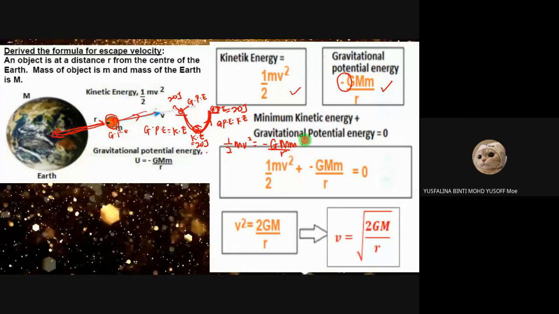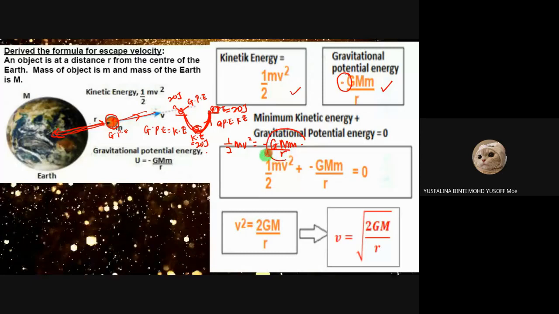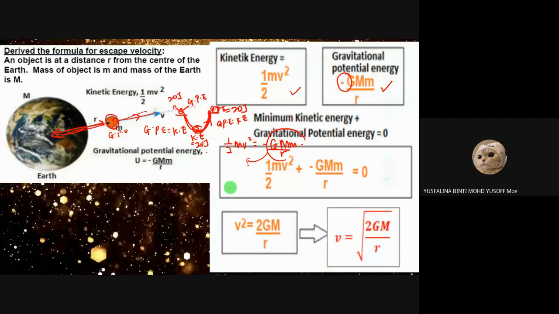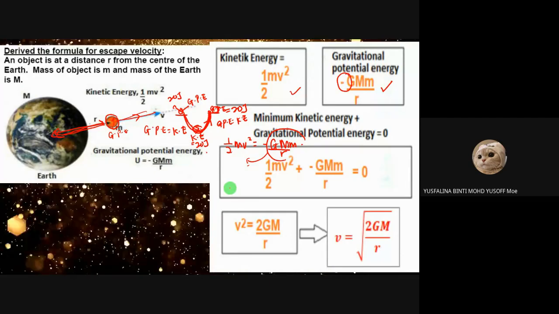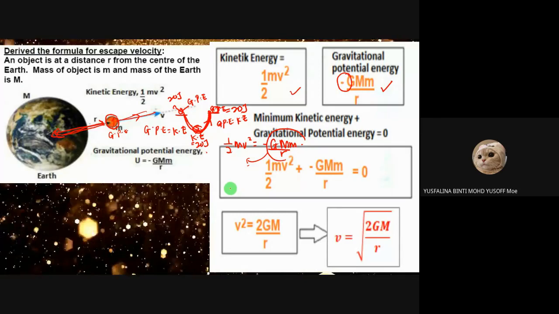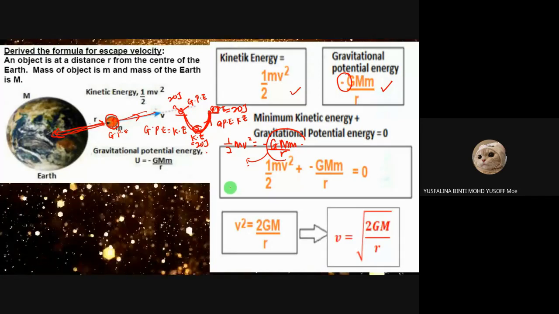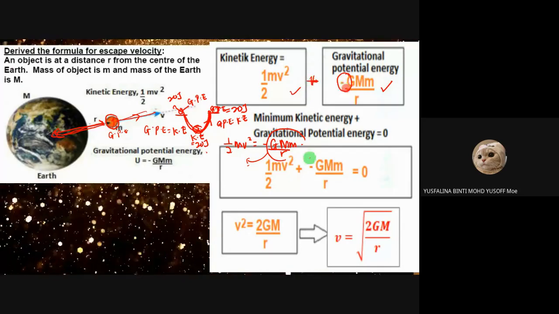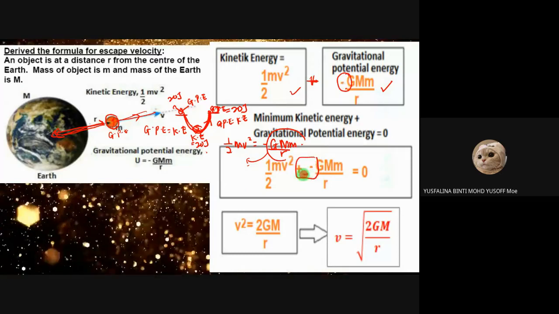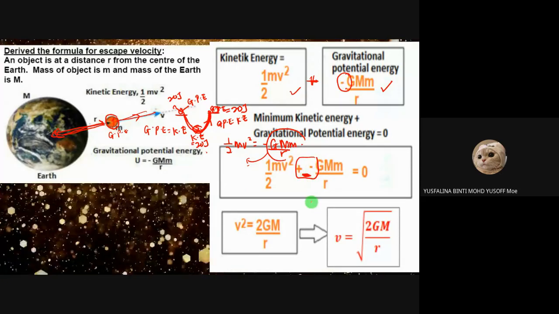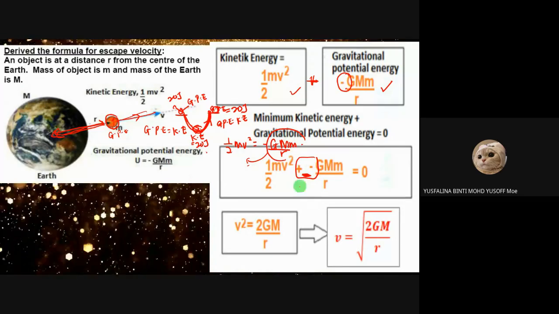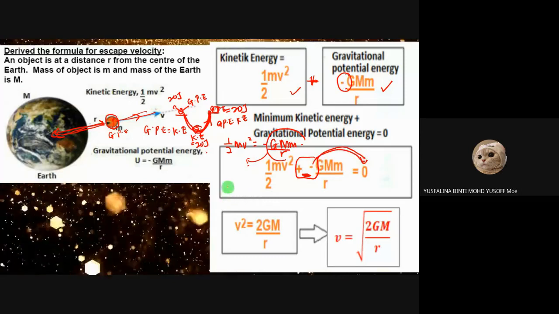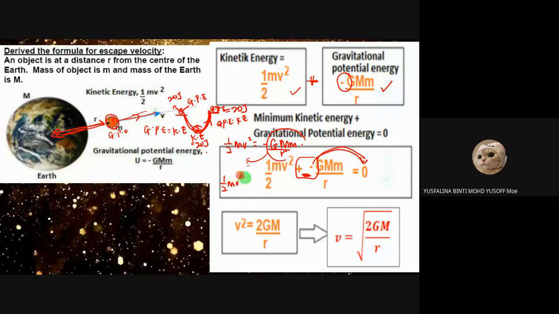So the minimum kinetic energy plus the gravitational potential energy becomes 0. When you add these two, positive and negative, it becomes minus. Then if I move it back to the other side, it becomes positive.